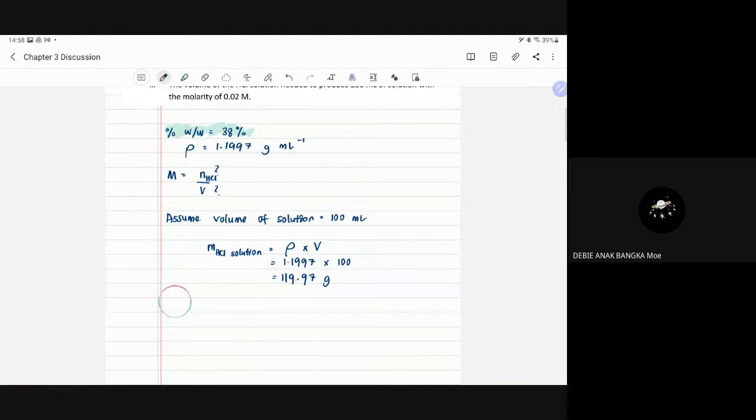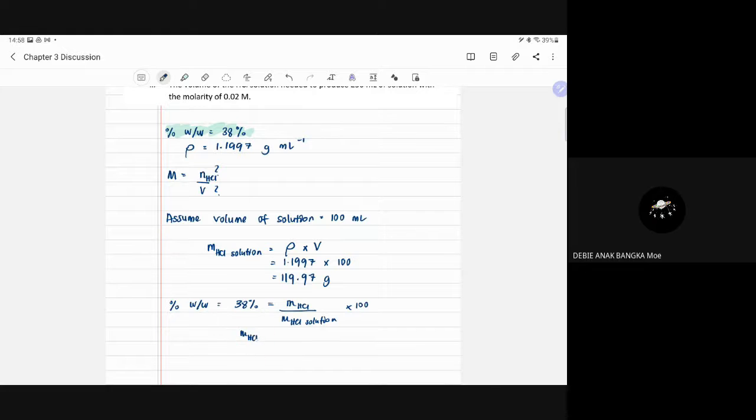Okay. So, percentage by mass sama dengan 38%, sama dengan mass of HCl bagi dengan mass of HCl solution darab 100. Kita dah ada mass of HCl solution. Kita dah ada percentage by mass. Kita boleh cari mass of HCl.